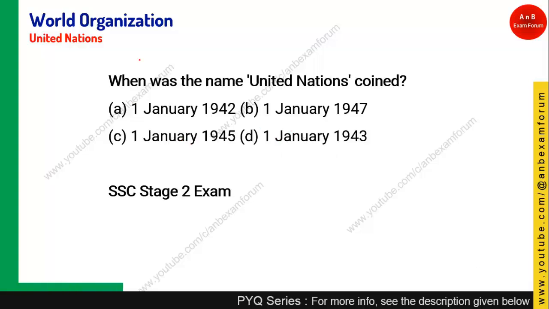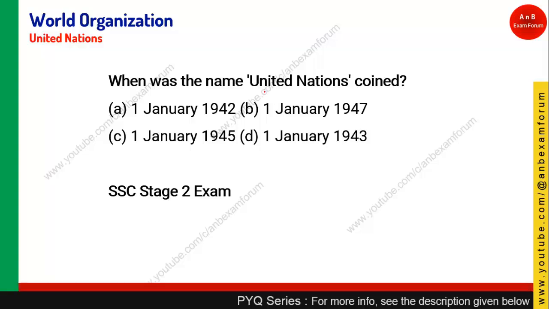Coming to the next question: when was the name United Nations coined? We know Franklin D. Roosevelt coined this terminology. If you have no knowledge about this, most students will answer 1st January 1945, thinking the United Nations was founded in 1945. Since this is a stage 2 question, it is not so simple.